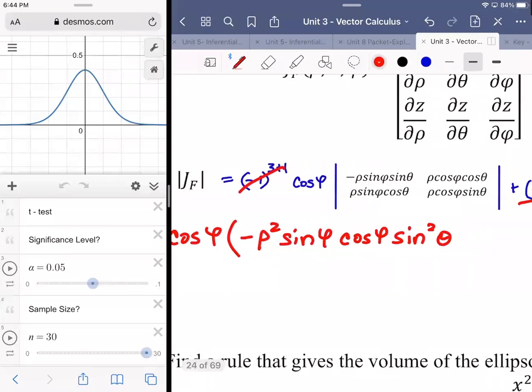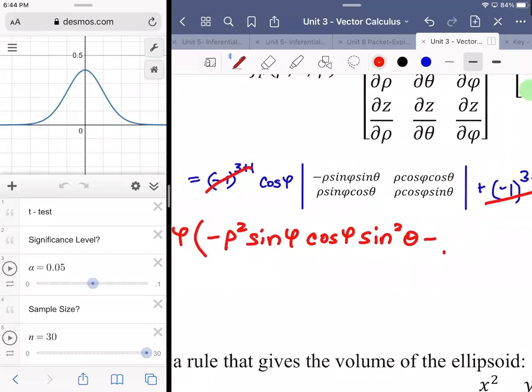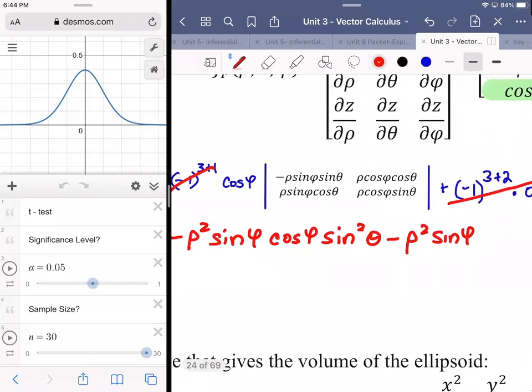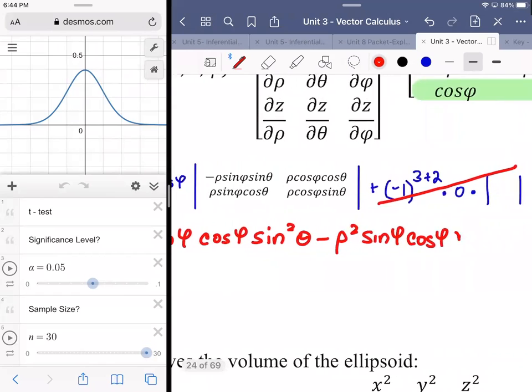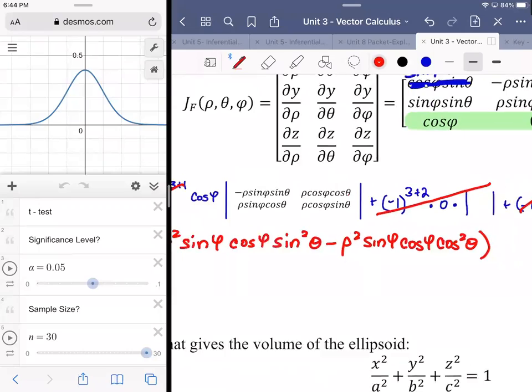Then the diagonal up, so minus rho squared, sine phi, cosine phi, cosine squared theta. All right, so that takes care of that one.